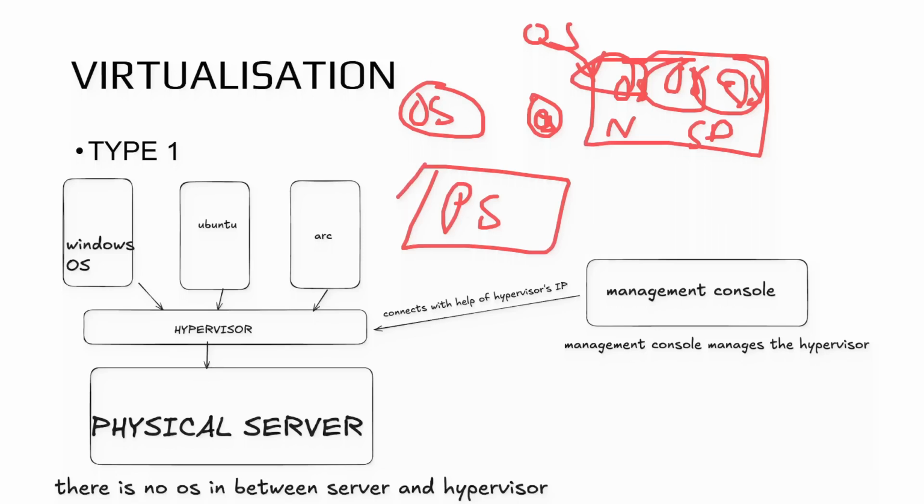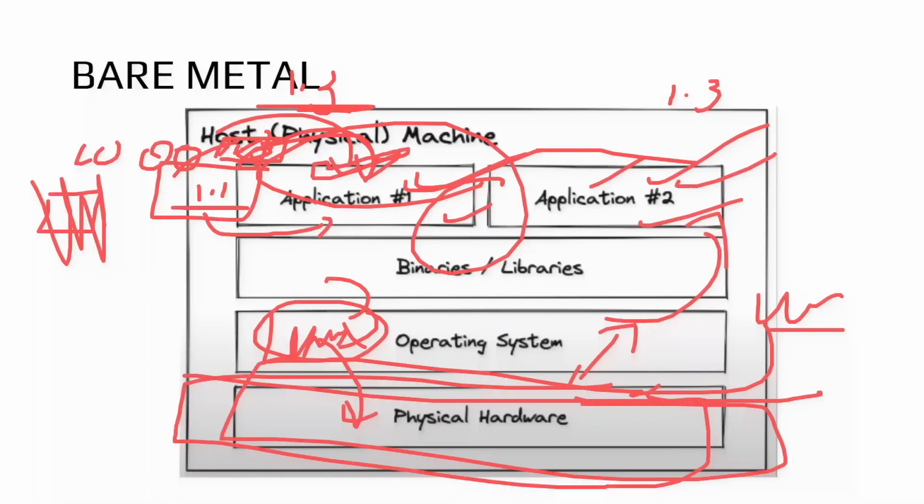It utilizes the same physical server, but now it can have multiple operating systems. Like this can be a Linux, there can be a Windows. You can see here, there is a Windows, there is an Ubuntu, there is Arch, and so on. So this virtualization helps you to achieve this. So now you solve multiple problems which bare metal has.